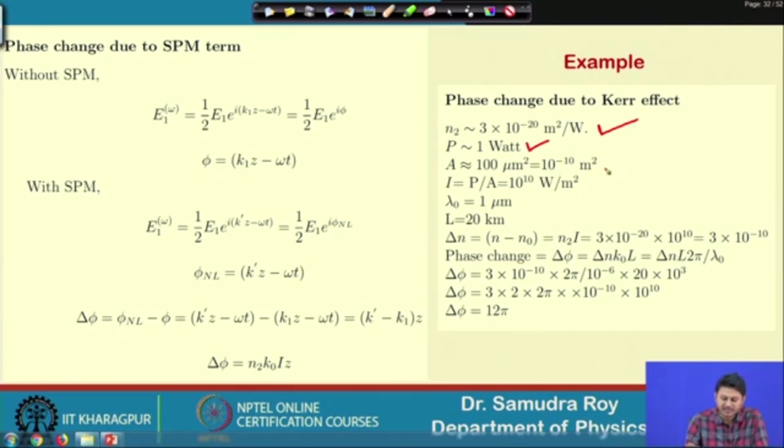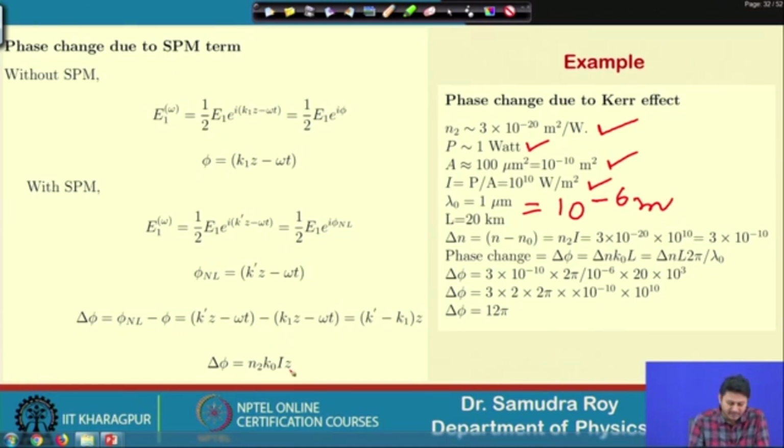So, 10 to the power minus 10 meter squared is the area. So, the intensity with this area and power comes out to be 10 to the power 10 watt per meter squared. The operating wavelength is given as 1 micrometer, which is 10 to the power of minus 6 meter.